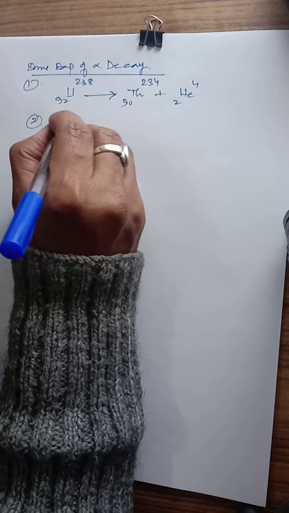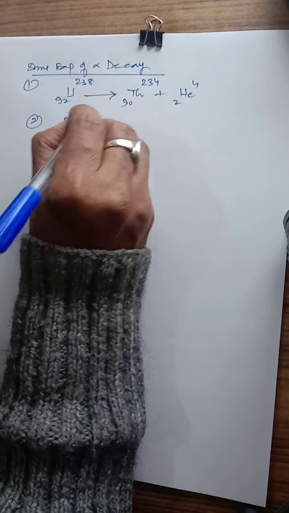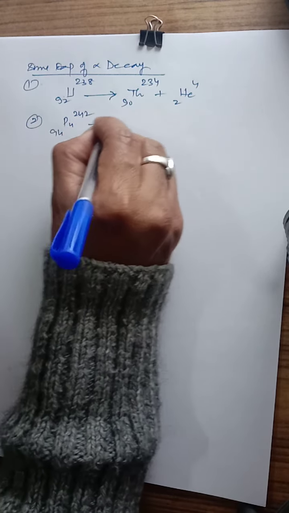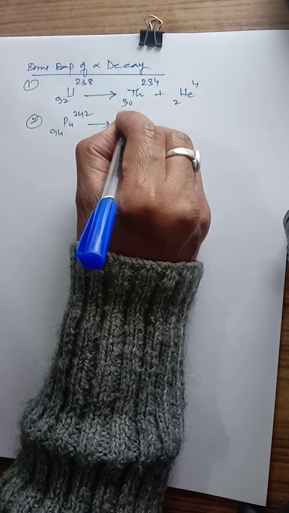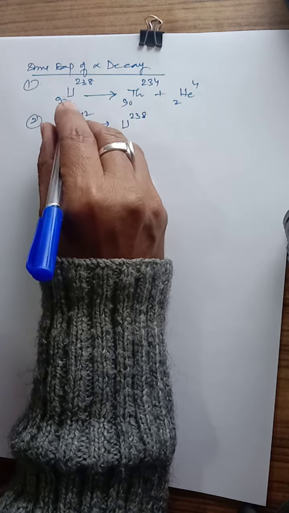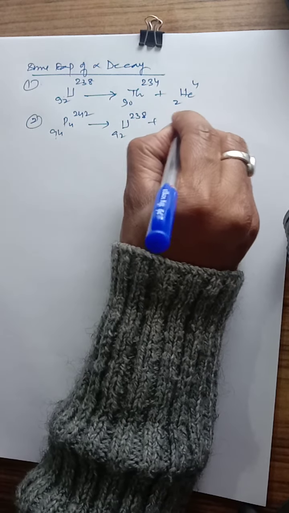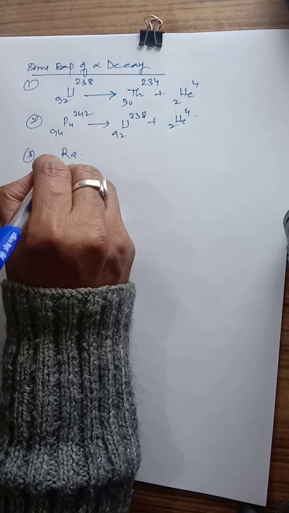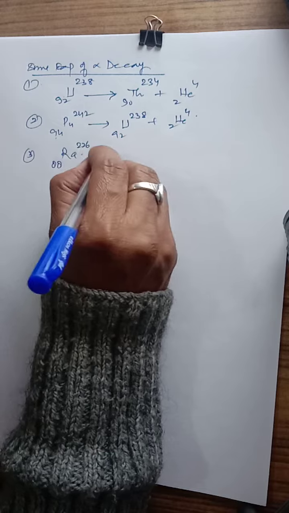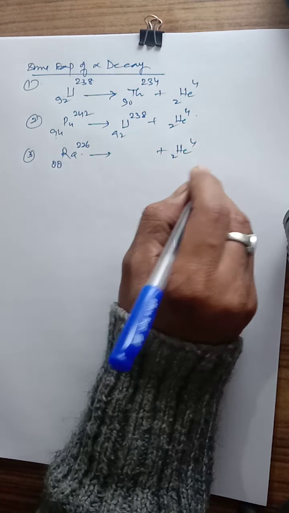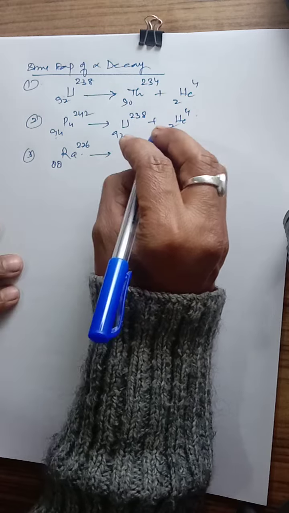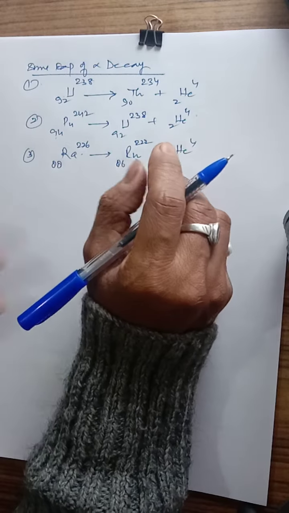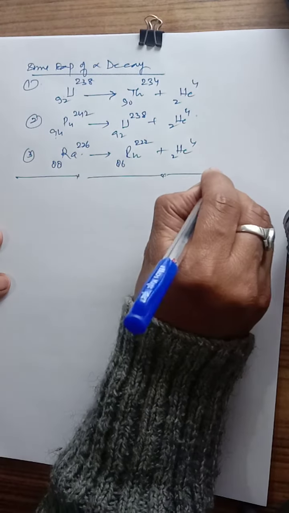The second example is plutonium 242, atomic number 94. That splits into uranium 238, with atomic number 92, plus helium. The third is radium 88, 226. It becomes radon 86, 222 plus helium 4, 2. So these are some examples of alpha decay.